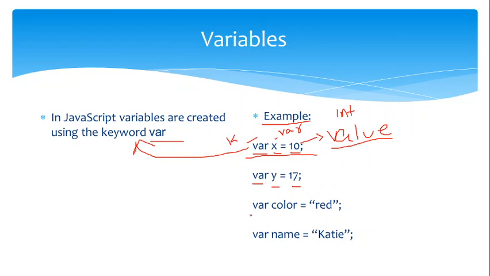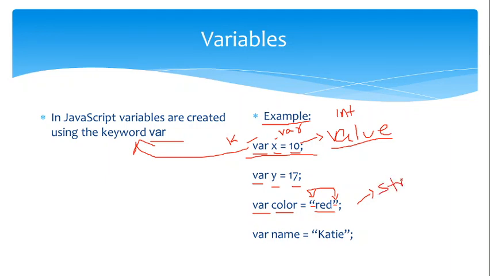Here also the same. Here, where color is red, whenever we have a double quote like this, at that time it is called a string. What will it be called? String.